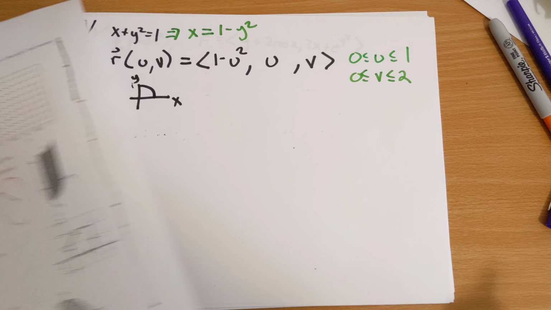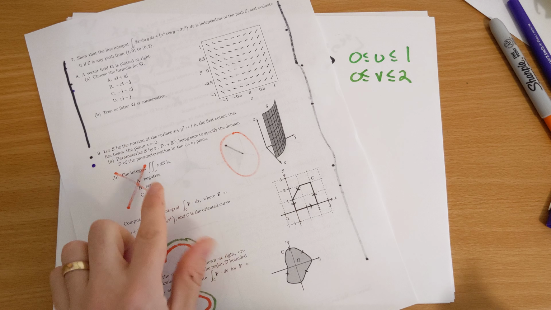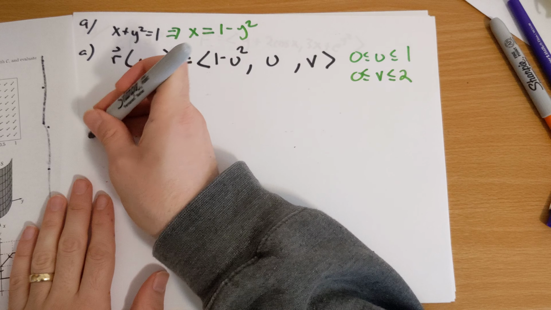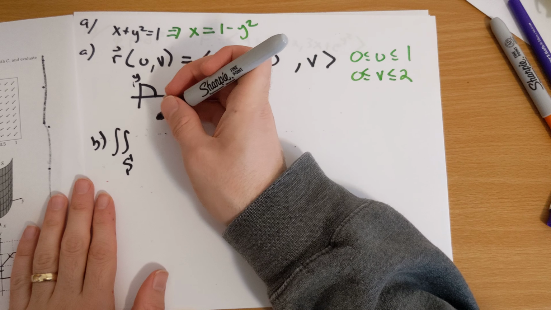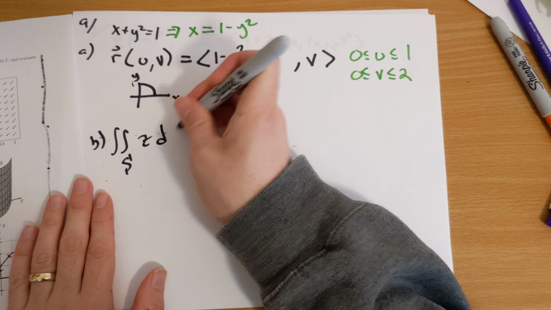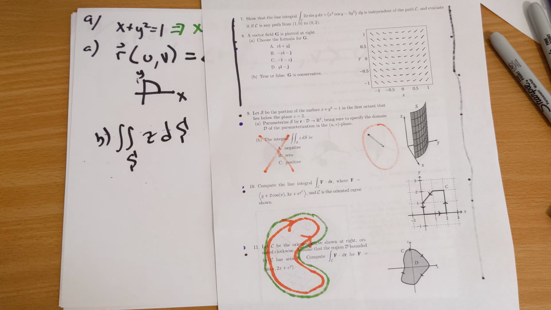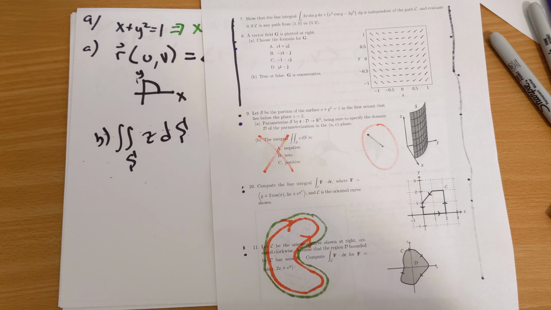For part B, we are asked to evaluate this integral here, the double integral over S, the surface, of z dS. So this is a scalar surface integral, and so we don't care about orientation for scalar surface integrals.